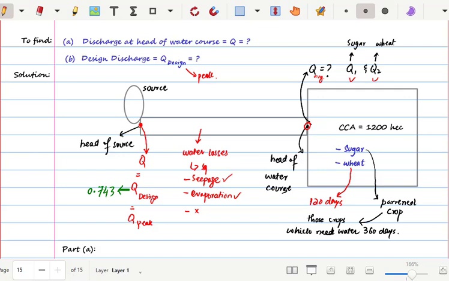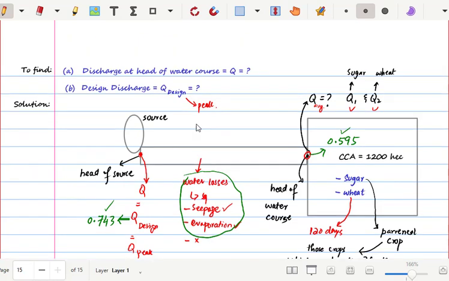And what is our discharge at water course head? That was 0.595. That means that there are some losses in between our head of source and head of course. That's the reason there is difference in discharge at the head. The maximum discharge is 0.743 and the minimum is 0.595.